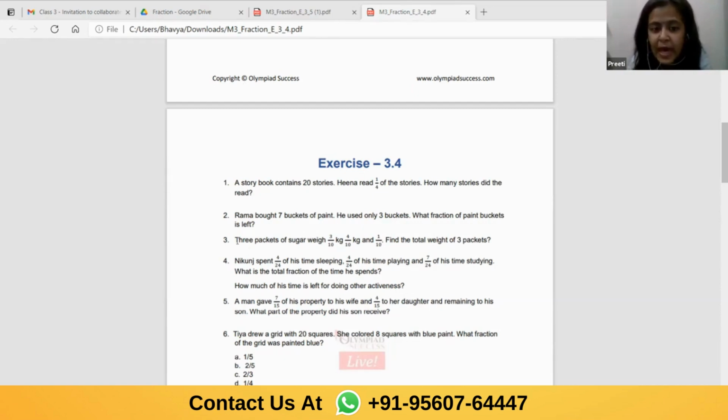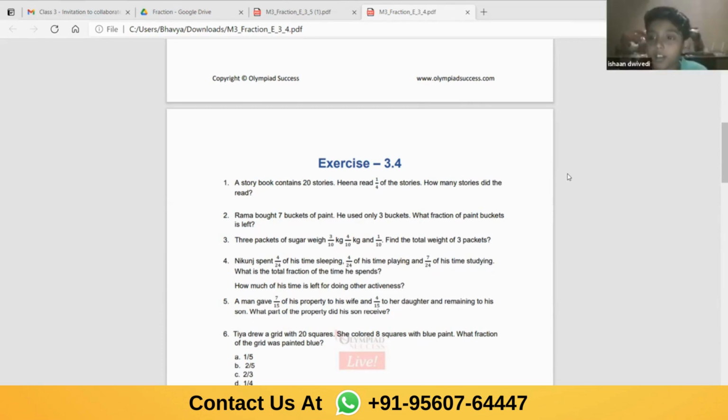Now 3 packets of sugar weigh 3 by 10 kg, 4 by 10 kg and 1 by 10 kg. You have to find the total weight of 3 packets, and I want this answer from Ishan. Ishan, what is the total weight of 3 packets? Ma'am, we have to add. What will we add? Both numerator and denominator. Are the denominators the same in all the fractions? Yes, ma'am.